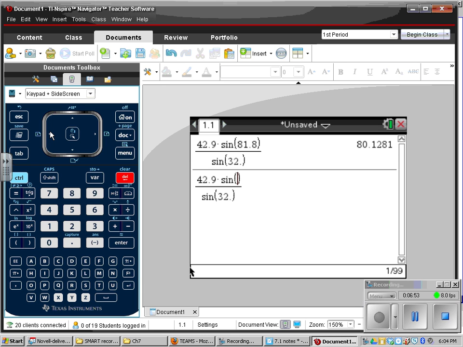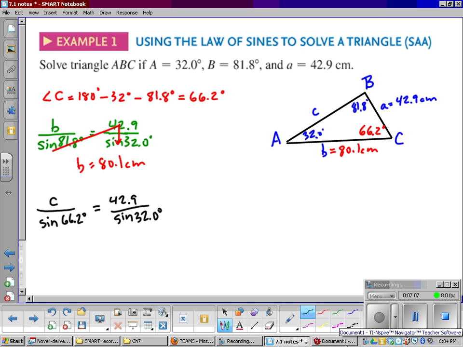No, that's not right. I want sine 66.2, sorry. And I get C as 74.1 if I round to the nearest tenth. 74.1 centimeters. Let's label that over here on our drawing. And we've solved the triangle.